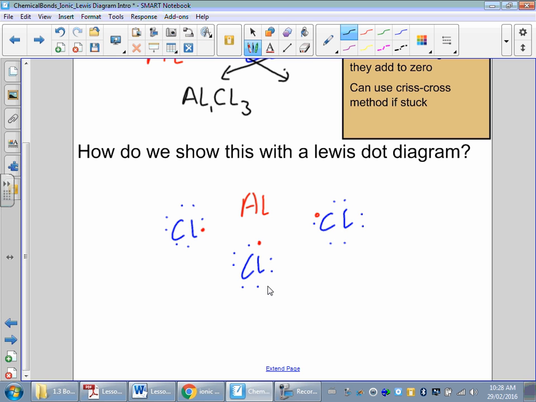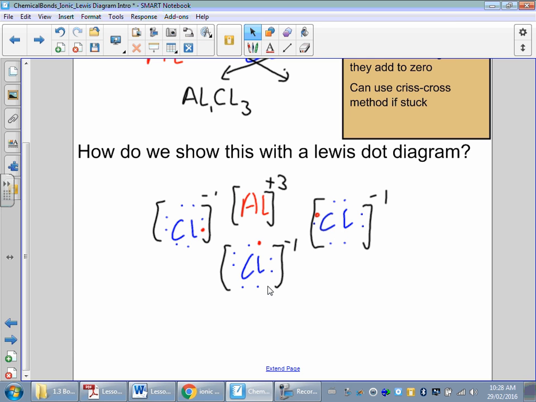And we're going to have to use square brackets. Okay, -1, because when we show the Lewis of an ion, we have to show the charge with square brackets, and this is a +3. So we have Al +3, and all the Cl's have a -1. And that will be the case for all ionic bonds. They follow the same process in terms of drawing them using Lewis.